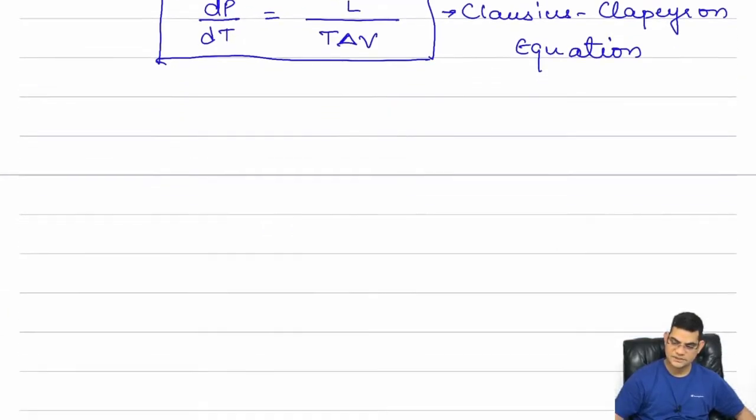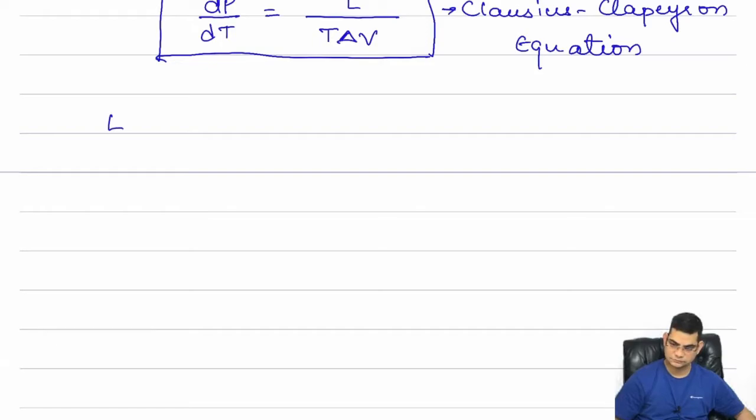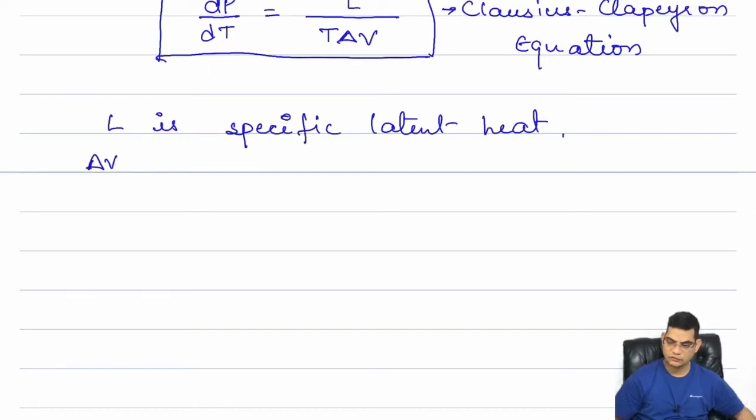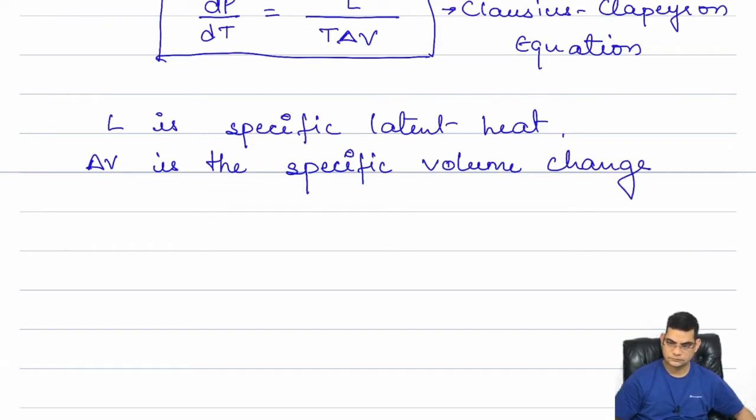Here L is the specific latent heat, and delta V is the specific volume change of the phase transition.